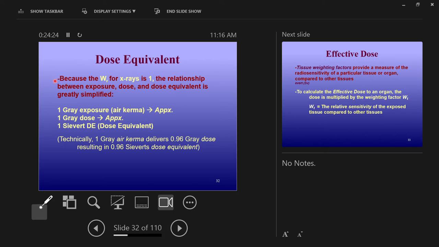So remember, your dose and exposure, even though they mean different things, they're a 1-to-1 relationship. They get 1, we get 1. So there's a 1-to-1 relationship for exposure, for dose, and for dose equivalent. There's just a 1-to-1 relationship for all 3 of those things for X-rays.